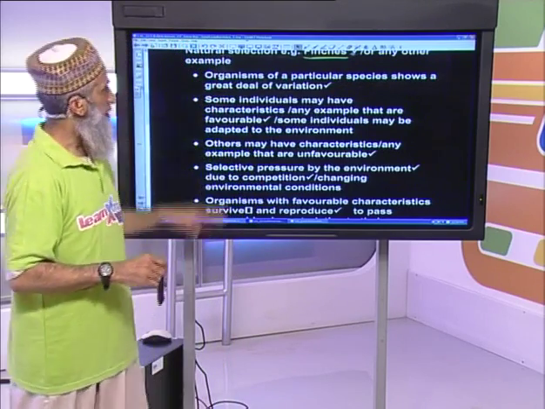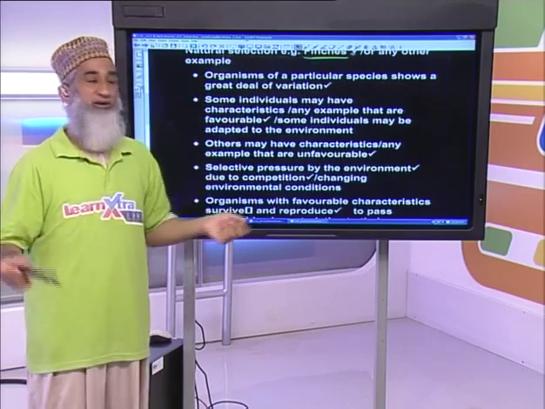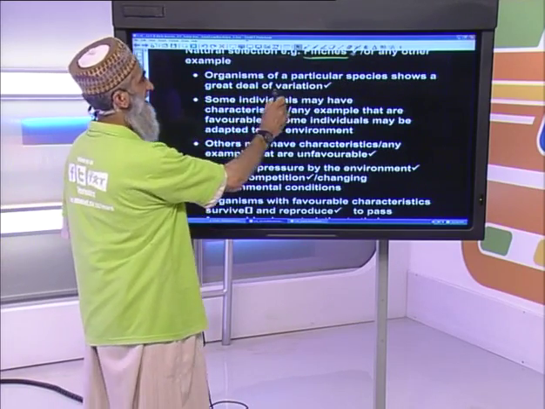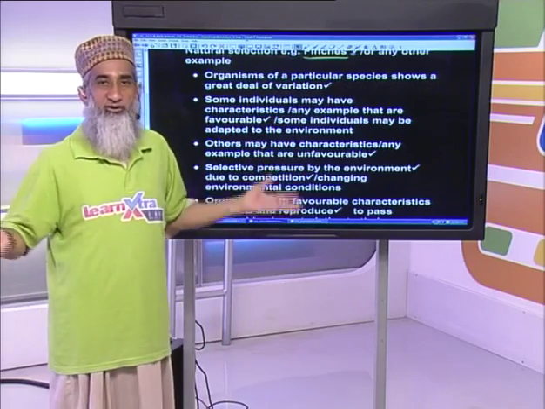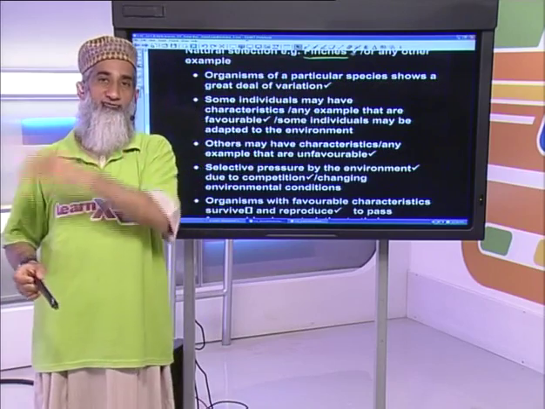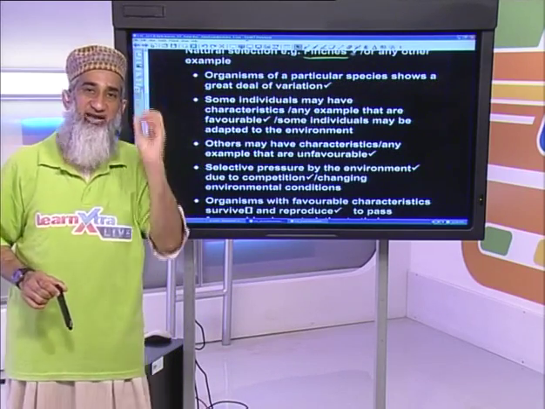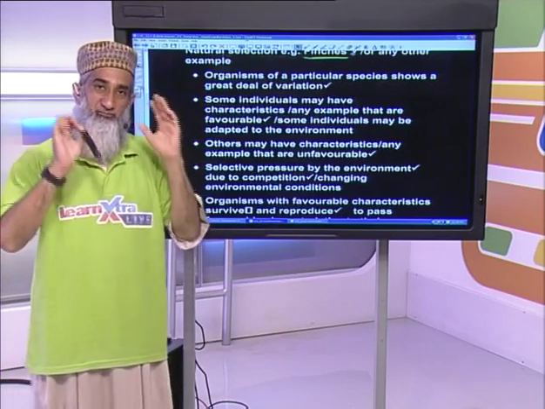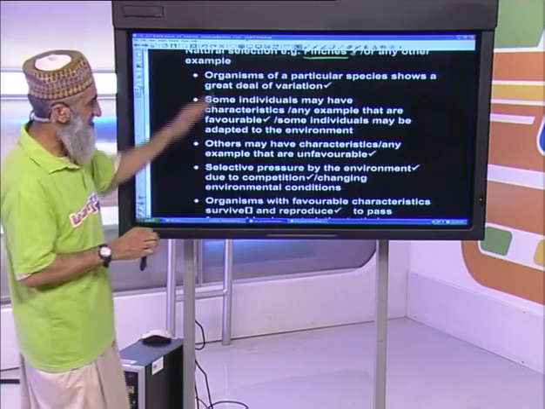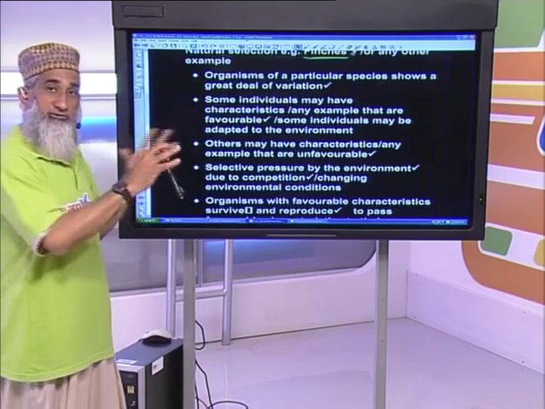So when you're giving points to answer that other question, your point must mean something. You can't just put a variation on its own. What is variation? You must be able to say that the organisms show variation. So we want a sentence that can stand on its own, even if it's brief. This is how the memo is given, and this is how we mark at the end of the year, so you can gauge by that.